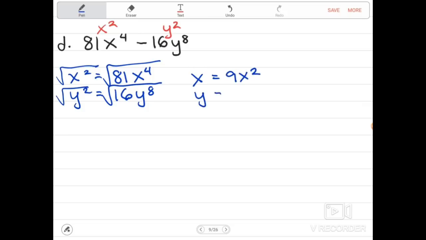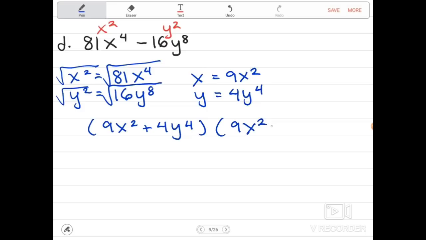Then y is equal to 4y raised to 4. For the variable, remember, we just divide the exponent by 2. So let us substitute to the formula. So x, that is 9x squared plus 4y raised to 4. Then the other one, that is 9x squared minus 4y raised to 4.